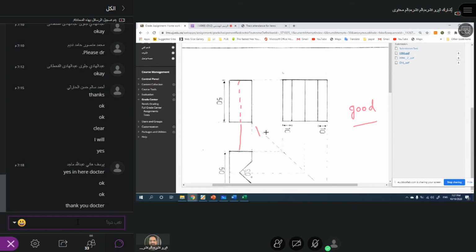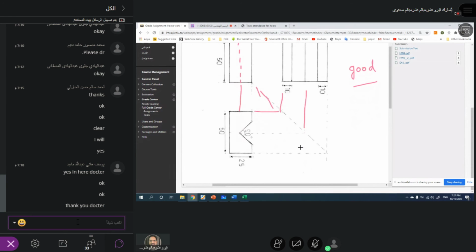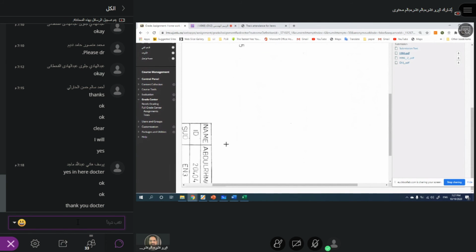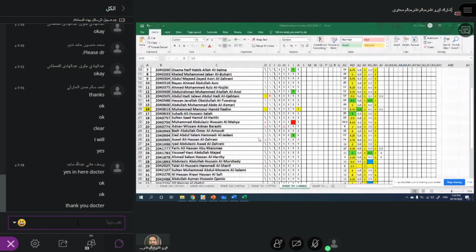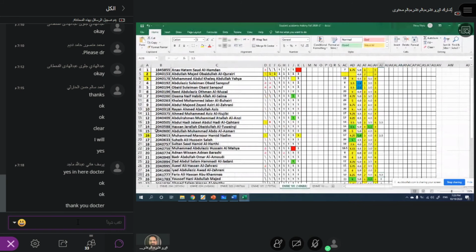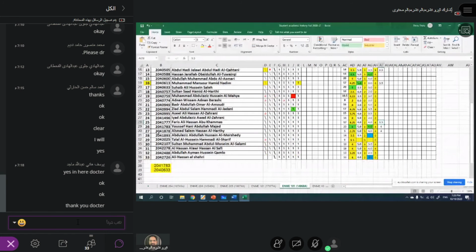And this should not be a hidden line, so this should be a straight line. These are the projection lines, construction lines. So okay, very nice. Excellent. Abdul Rahman. 409.